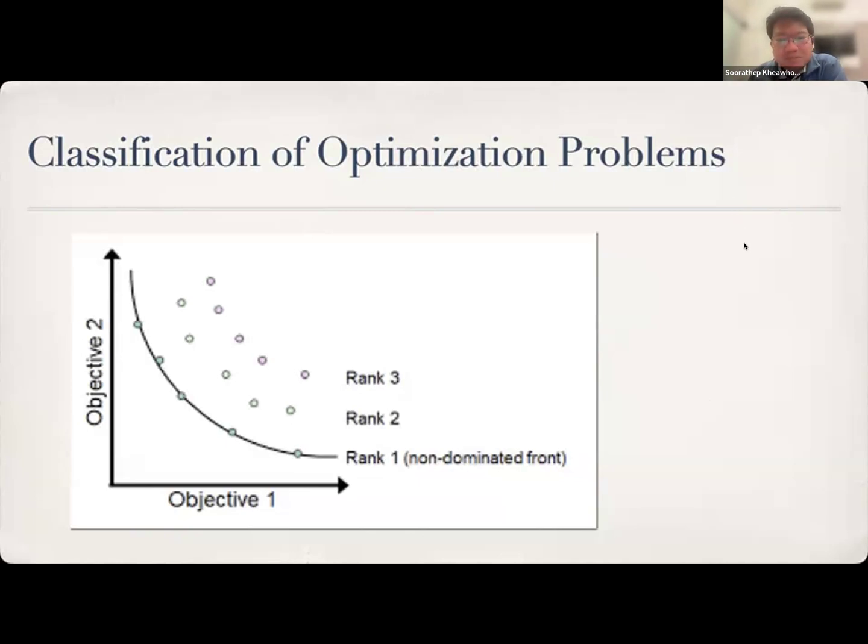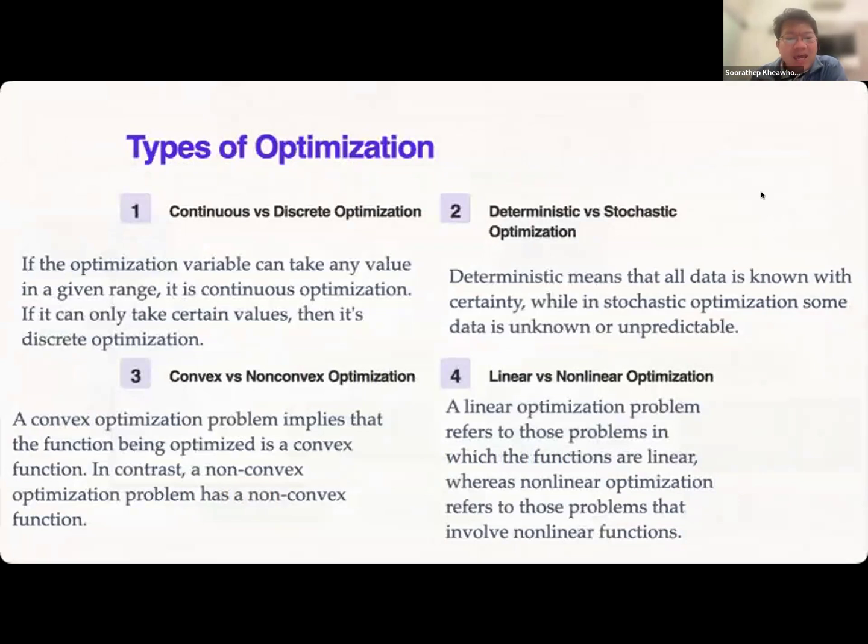So, let me show you several types of optimization problem, which is quite important in this case. The first one is continuous versus discrete optimization.